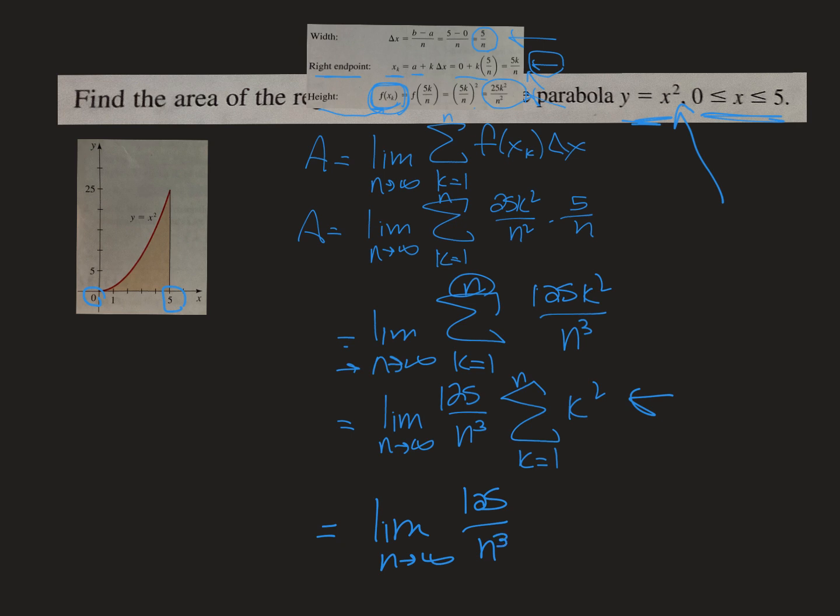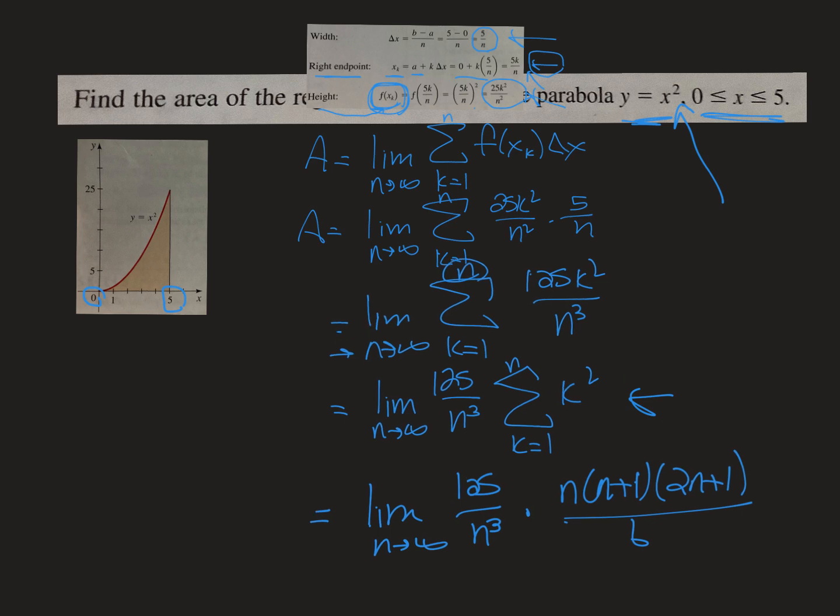The summation of k squared is n times n plus 1, times 2n plus 1, over 6. I got that from the other slide, and you will have those. If it's k squared, there's one. If there's k cubed, it's a different one. It just goes like that.